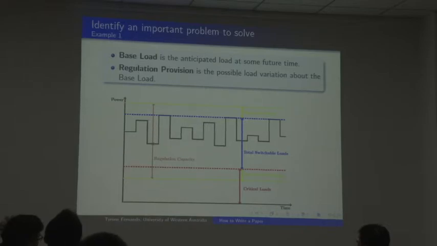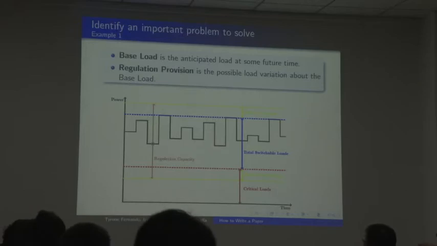So from the black line, in the upward direction, we can go to the green dotted line, we can increase the load. From the black line, we can also decrease the load down to the green dotted line in the opposite direction, right? So those brown arrows tell you the power regulation that is possible by this customer, because this customer can increase or decrease the load by that much, given by the brown vertical line, right? So that is the amount of regulation.